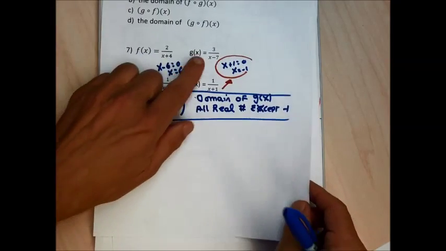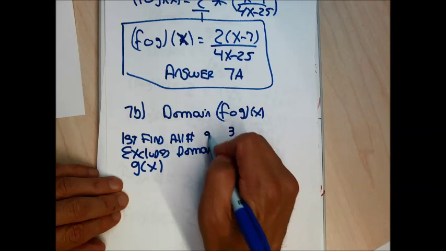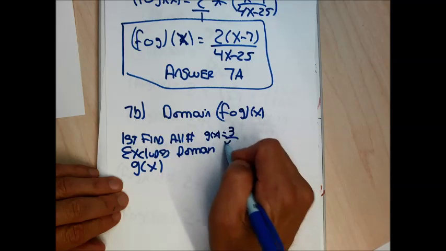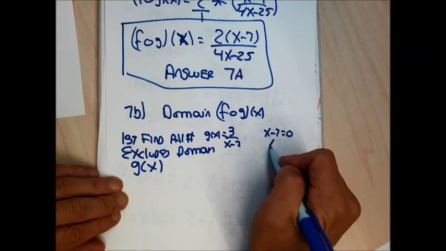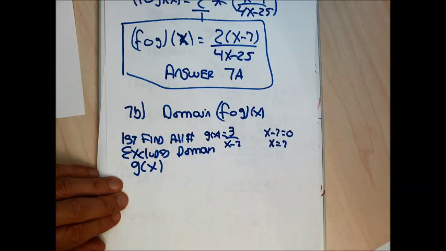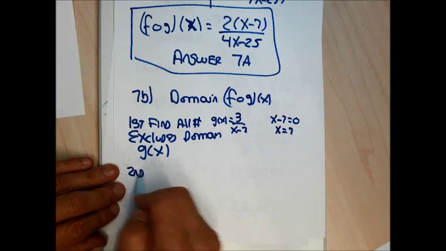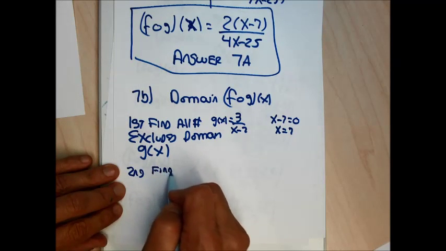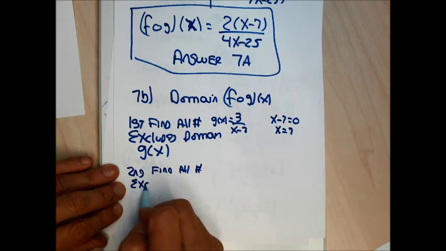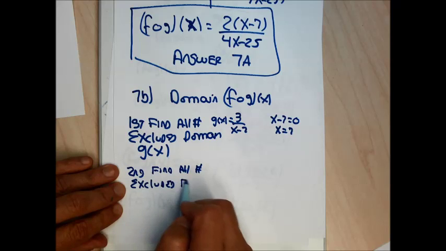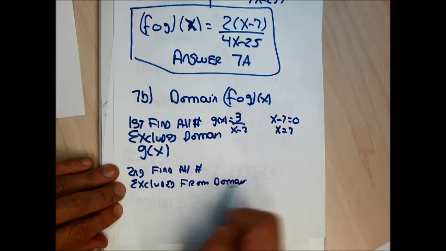In our problem, g of x is 3 over x minus 7. So since our g of x is 3 over x minus 7, the number to be excluded from the domain you get by setting the denominator equal to 0. That's going to give me x equal to 7. That's one number that's going to need to be excluded from the domain. And then second, we find all numbers that need to be excluded from the domain of the answer.